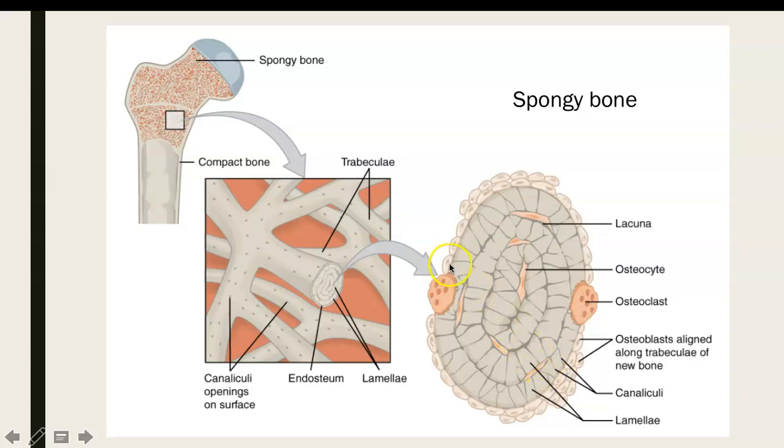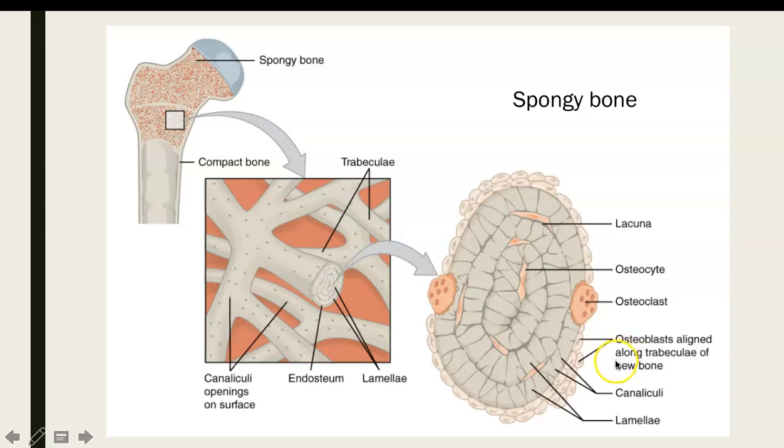And notice that on the outside of these branches called trabeculae, you may find osteoblasts, as you see here. These are all osteoblasts surrounding. And you might also find osteoclasts. So the spongy bone is particularly a place where you can have both resorption of the calcium phosphate matrix, and also the building of new calcium phosphate matrix by the osteoblasts.